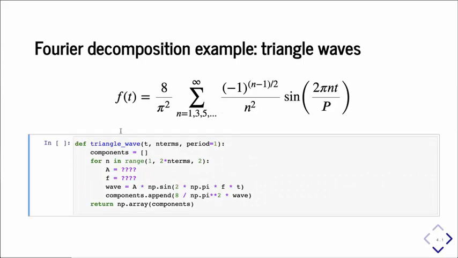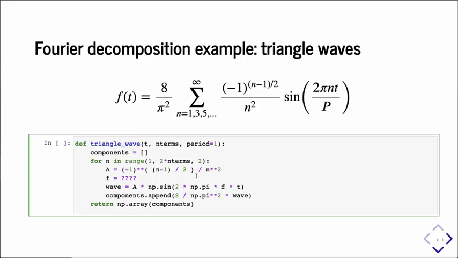So we can go ahead and code this up in Python. What we're going to do is add each one of these sine waves in this list. We're going to keep track of that. We're going to convert it to an array at the end. And so we're just going to go through each one of these n terms. We just need the odd terms. So for the odd terms, we're going to record the amplitude, and that's just going to be -1 to the power of (n-1)/2, and that's all going to be divided by n squared.